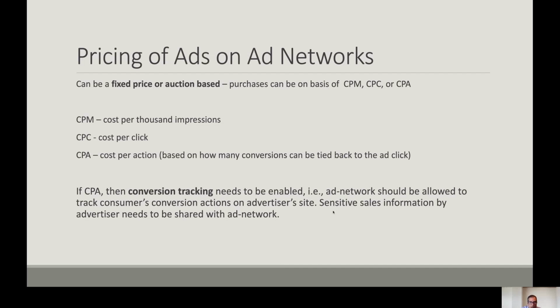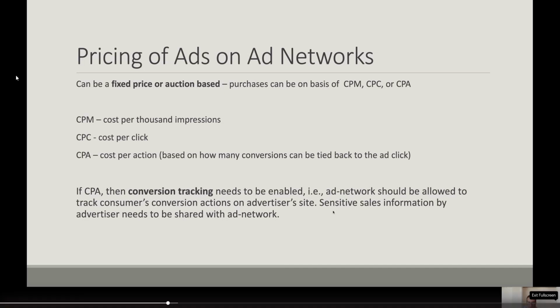However, this requires certain more technical issues to be dealt with. For example, if a conversion happens on a website, then some kind of conversion tracking needs to be enabled, because the ad network should be able to see that once a conversion has happened on the website of the advertiser, it needs to bill the advertiser, right?